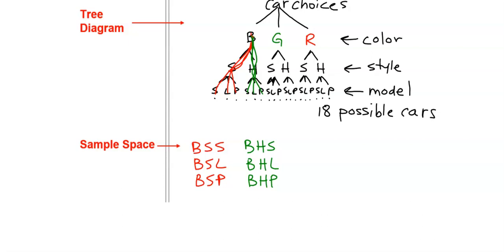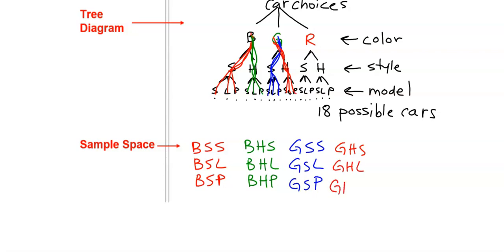And on to the next one. We could have a GSS. That would be a green sedan style S. Or a GSL or a GSP. We could have, let me switch colors again, go back to red. We could have a GHS or a GHL or a GHP. All right, keep on going. We could have an RSS.